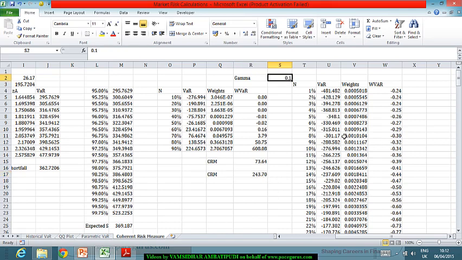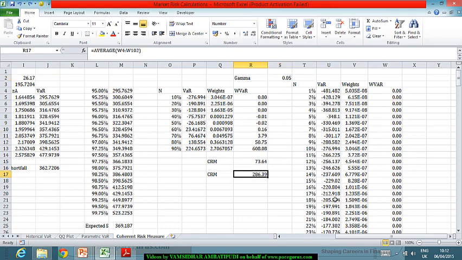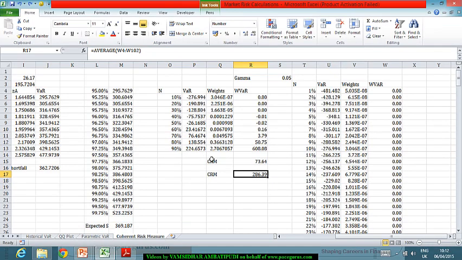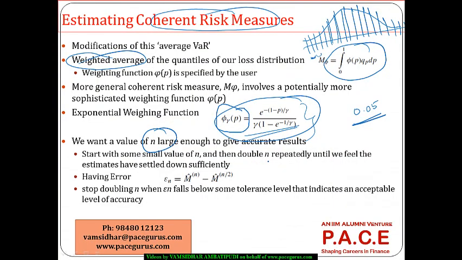So gamma is playing a role. If it is only 0.05, the coherent risk measure comes out to 286. And if n becomes larger and larger, more and more accurate results come out through the coherent risk measure also.